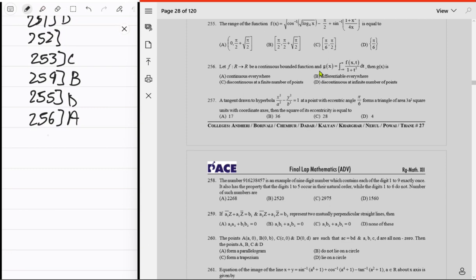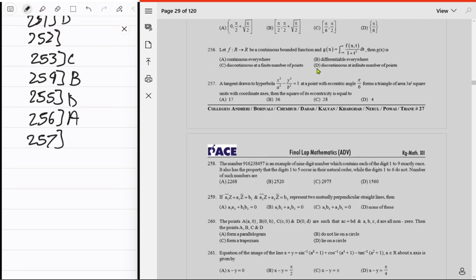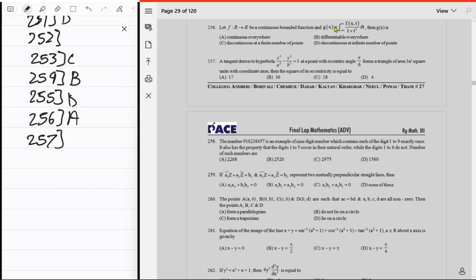Or get number of points or something like that. No, 257. Yeah, from negative infinity to infinity, that's a problematic thing, but then most likely it will be continuous, right? What could go wrong?